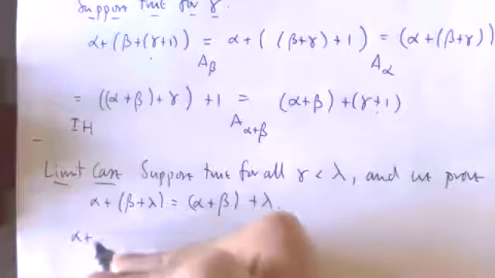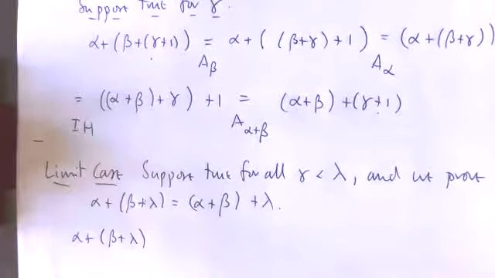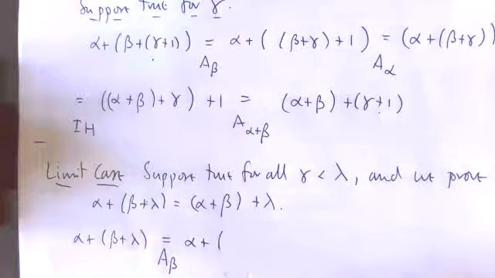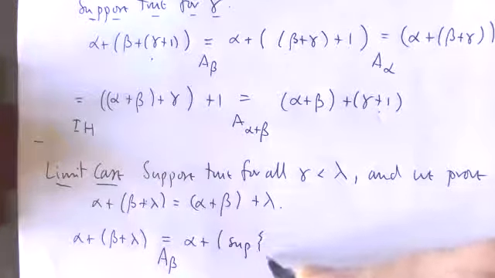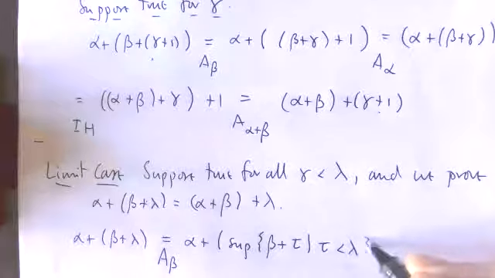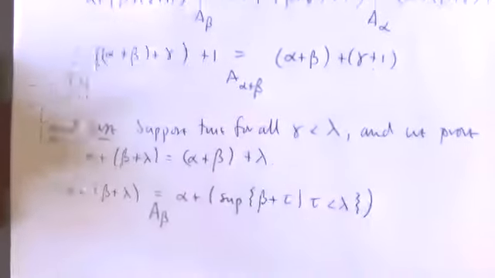Okay, so I start out optimistically and I write here on the left-hand side. And I use the definition of what beta plus a limit is. Beta plus a limit is the supremum of the beta plus gammas for gamma less than lambda. And that is literally the definition of what it means to add a limit ordinal to beta, once you check that out.